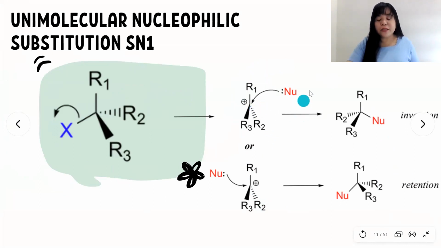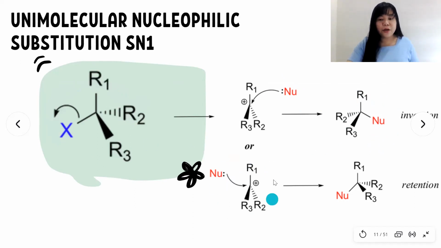If it attaches itself from this direction, then we can produce a structure oriented in this manner. Notice that there is an inversion when comparing the substrate and the product.